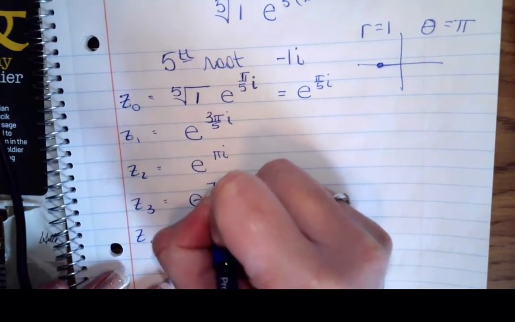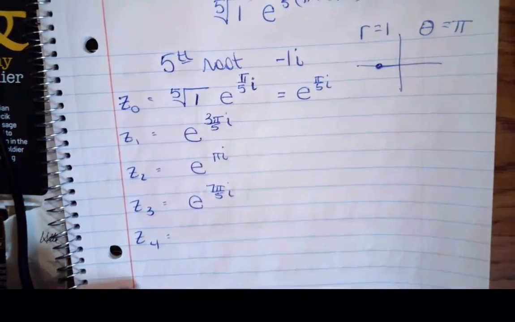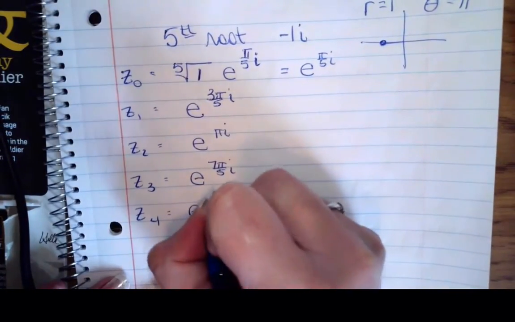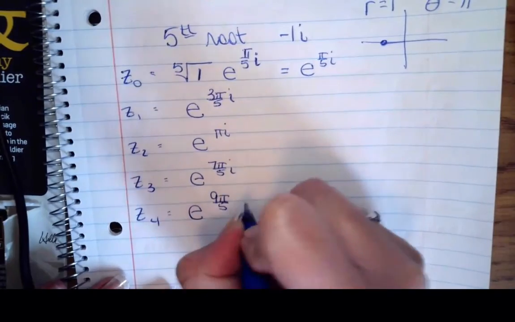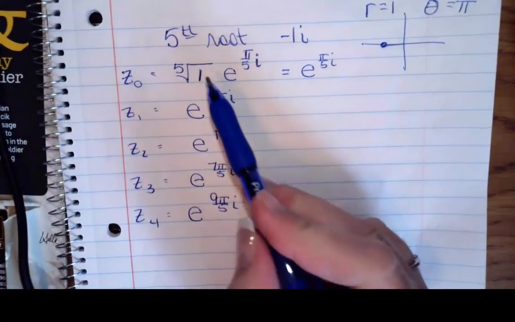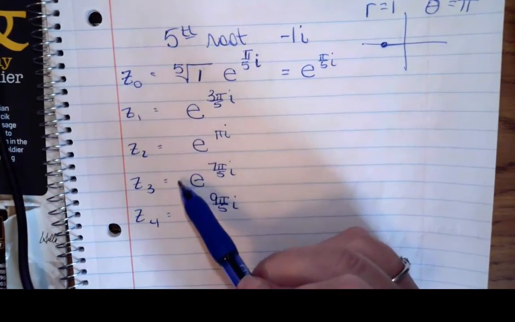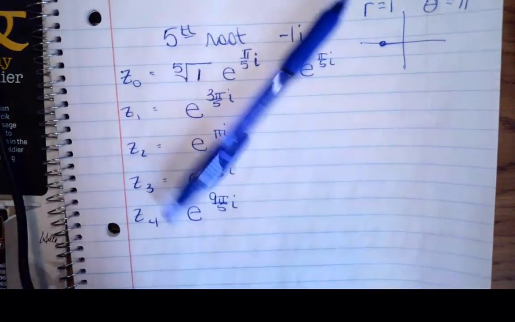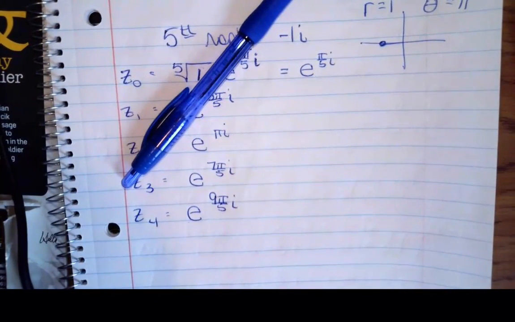So e to the 7 pi's over 5 i. And then for the fourth one, I'll have 2 pi times 4 is 8 pi's, 9 pi's over 5. So e to the 9 pi's over 5 i. Okay, so again, you've got a fifth root of 1 in front of all of these, but that's just 1, so it's kind of pointless to write it. Okay, that is section 2, the end of this section.